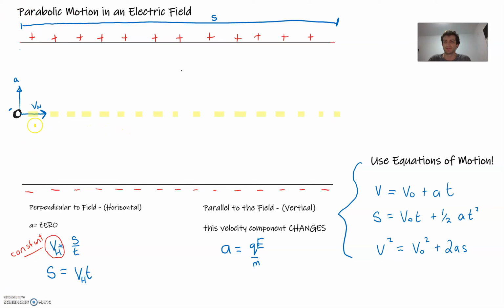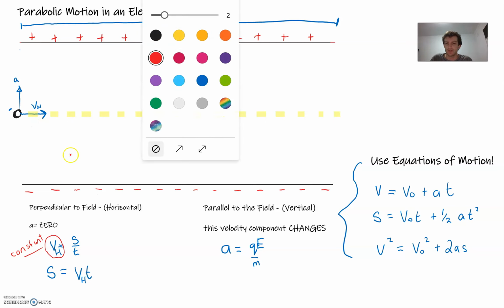So I've just highlighted in the original path that we'd expect the particle to go if the plates were turned off, and it could just continue at a constant velocity. So we can compare its deviation to that. So I'm going to pick a color to put the particle's path in, the new path, and we'll have a go.